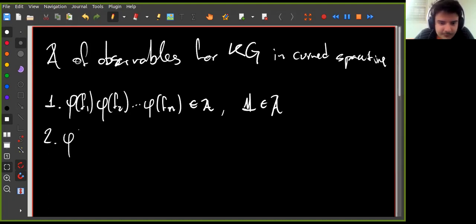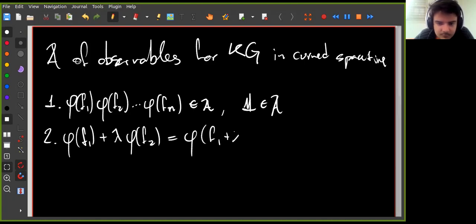Second, which was the first last time I wrote, is how to add and multiply by scalars. Third is that the field is real.